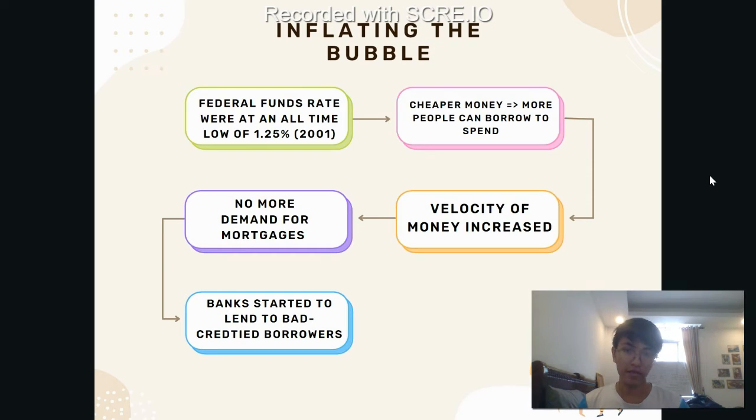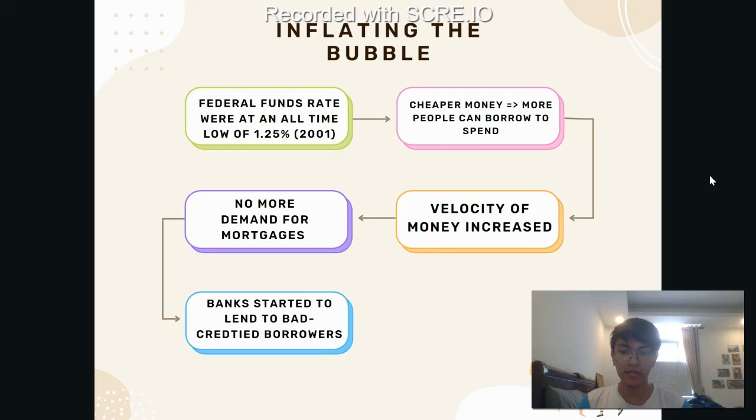So, how did the bubble inflate? Well, in 2001, as the economy was recovering from the dot com bubble burst, the federal funds rate were at an all time low of 1.25%. And this rate meant that people were able to borrow more money cheaply, and this increased the velocity of money.